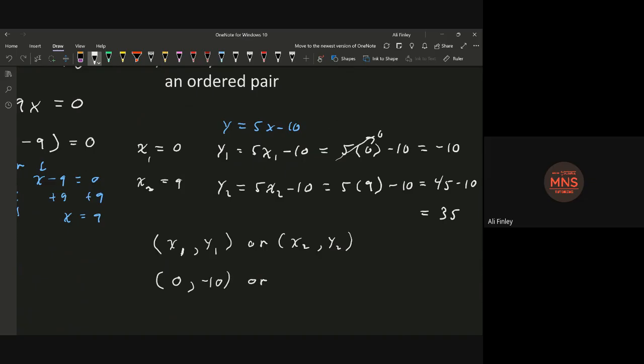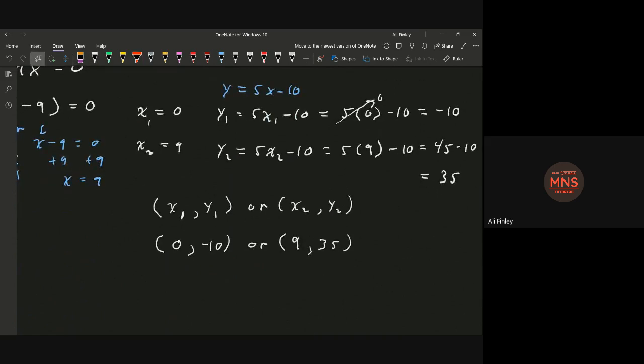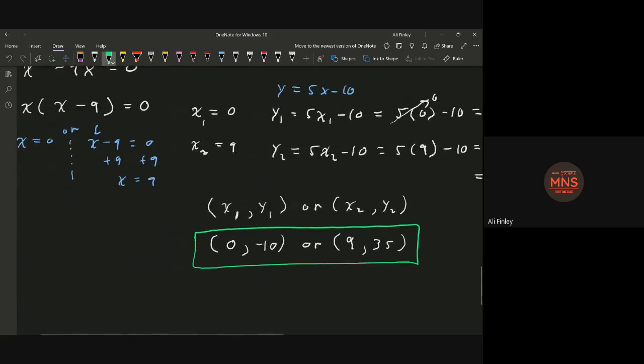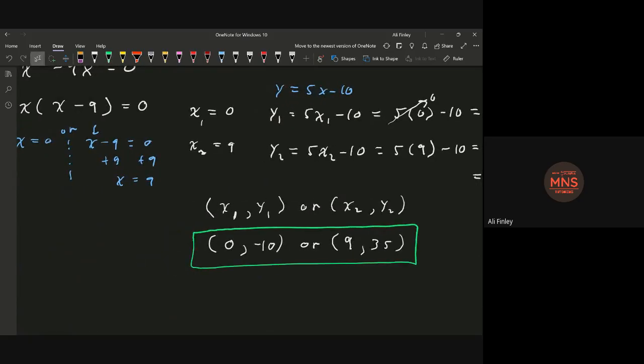And the other ordered pair that is a solution to the system is going to be 9 for the x2 and 35. And with that, mathematician, we have solved a linear quadratic system algebraically using the elimination method.